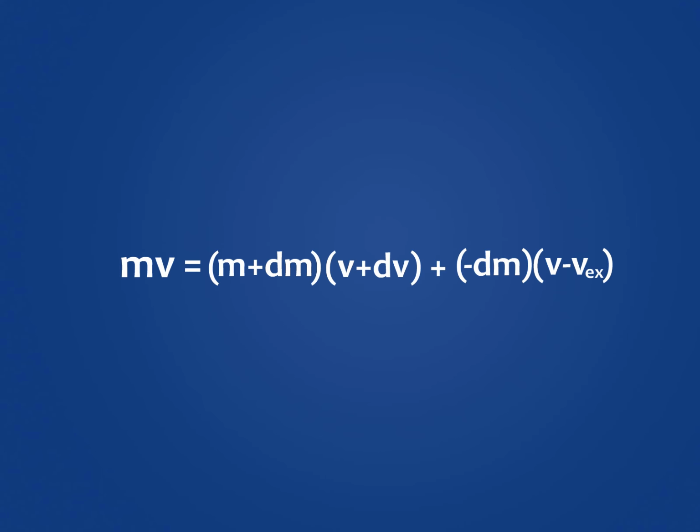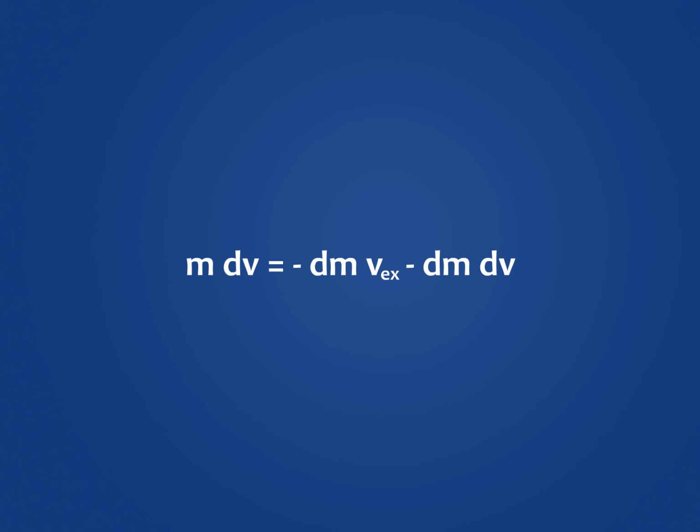Since the momentum is conserved, the momentum before and after the fuel is ejected should be equal. Thus, mv equals (m plus dm) times (v plus dv) plus negative dm times (v minus Vx). This equation can be simplified to m dv equals negative dm Vx minus dm dv.